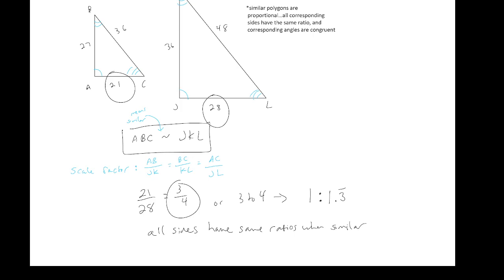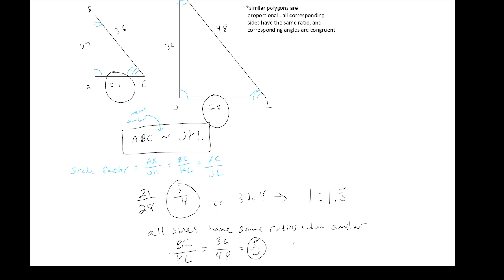It's this, BC, right? That was this guy right here, second and third letters. BC corresponds to KL. BC is 36. KL is 48. Guess what that reduces to? 3 to 4, right? Or we already did AC.